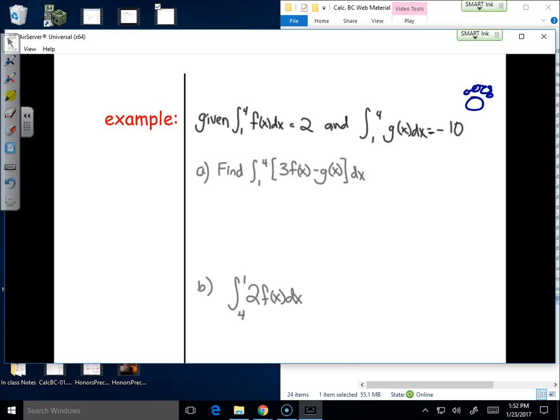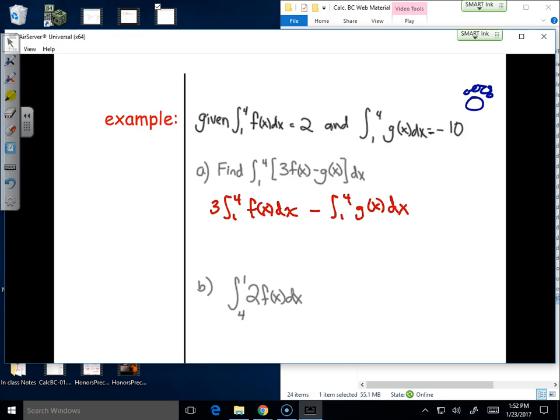How could we legally rewrite letter A? Integral from 1 to 4 of 3f of x dx minus the integral from 1 to 4 of g of x dx. Now pause.